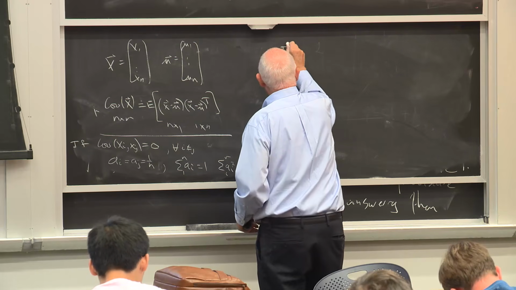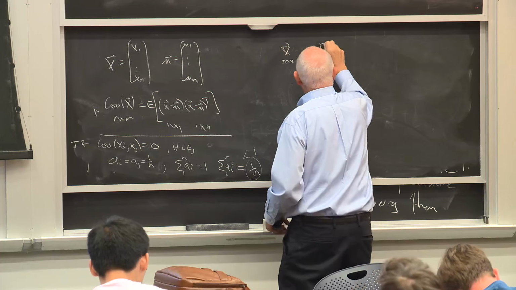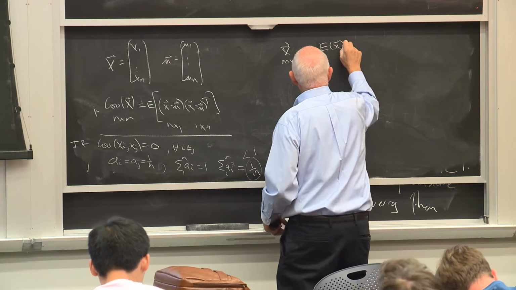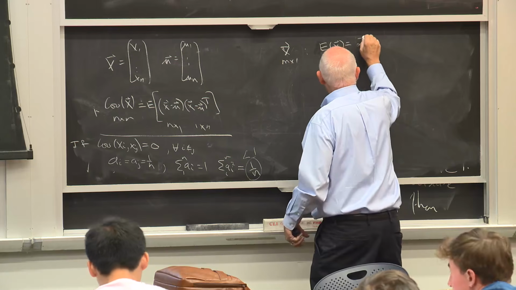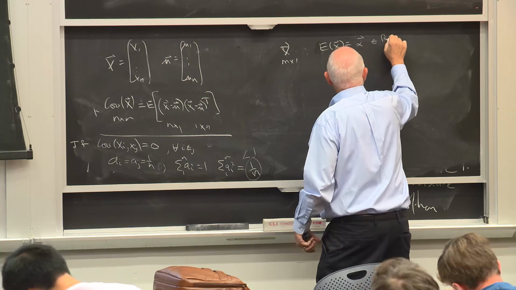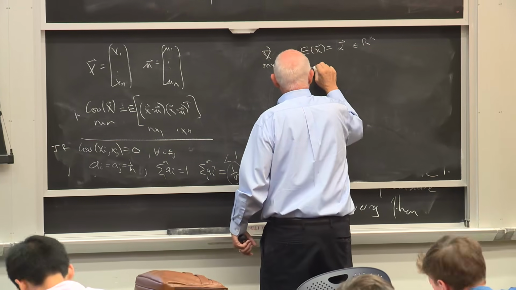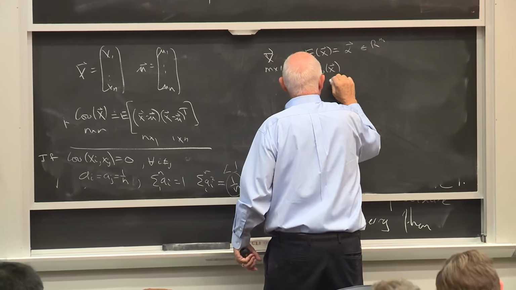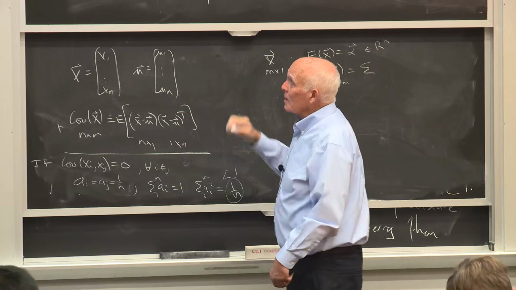So we consider an x vector that's m by 1, which has an expected value equal to an alpha vector and a covariance matrix, which is m by m, equal to sigma matrix.